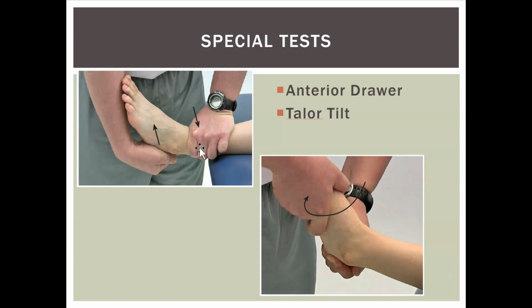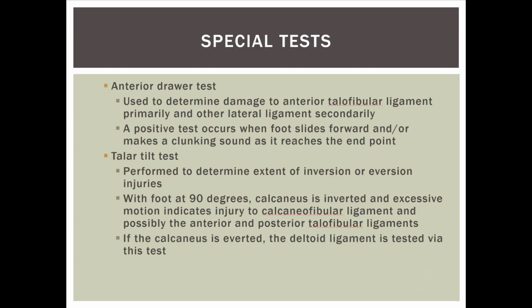One hand is placed distal on the patient's tibia and fibula, and the other hand is cupping the calcaneus and moving the calcaneus forward. There would be a potential clunk, or the patient would have pain right in this region, in that anterior talofibular ligament.